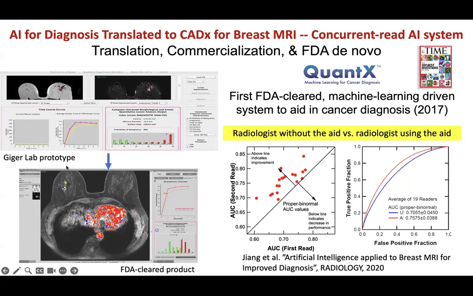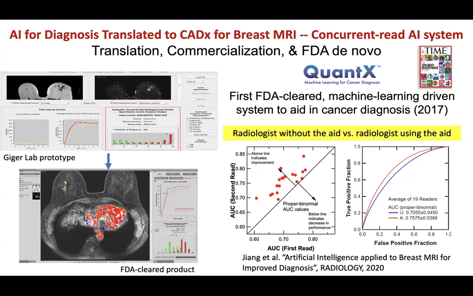And basically, what we did was we took our prototype and converted it into a product. And then colleagues evaluated the performance of it. And while it's important to know how good is the computer, what you're really interested in is how good is the radiologist versus how good is that radiologist when they're using this computer aid, this AI assistance.